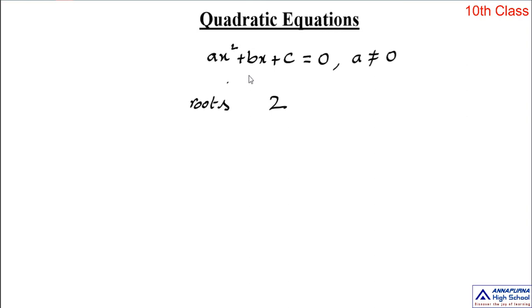So in case you take the left side part of this quadratic equation, ax square plus bx plus c, this is a quadratic polynomial. So a quadratic polynomial has at most how many zeros? Yes, it has at most 2 zeros, and we are getting this equation from the quadratic polynomial.